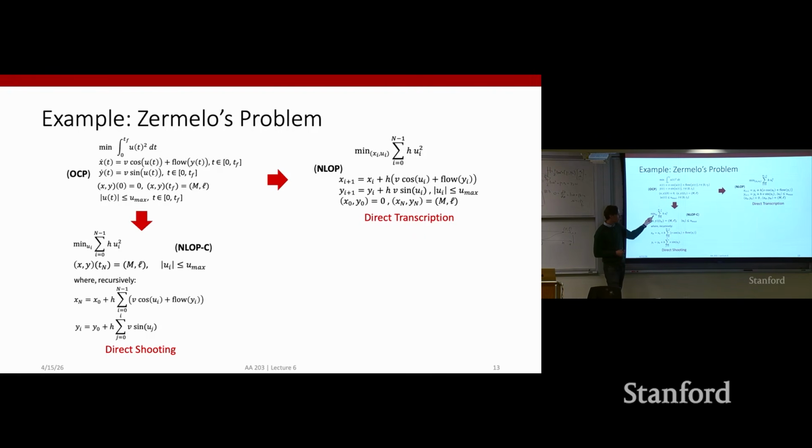And in this case, the dynamics are essentially used to recursively propagate forward in time my state trajectory. And we saw the state and control parameterization methods, whereby both states and controls are optimization variables, and these two are linked through the dynamics, which become constraints that link these two variables together.